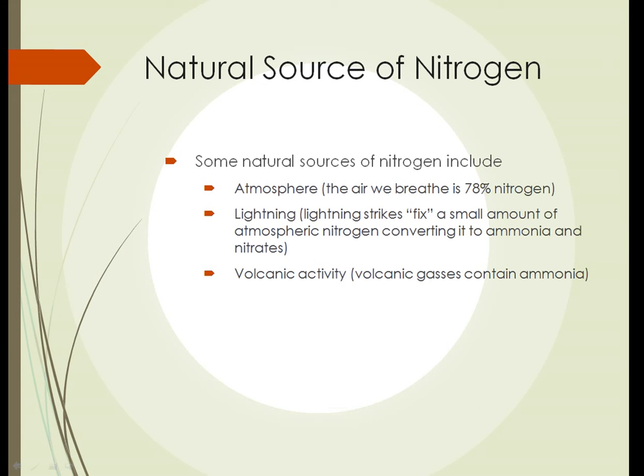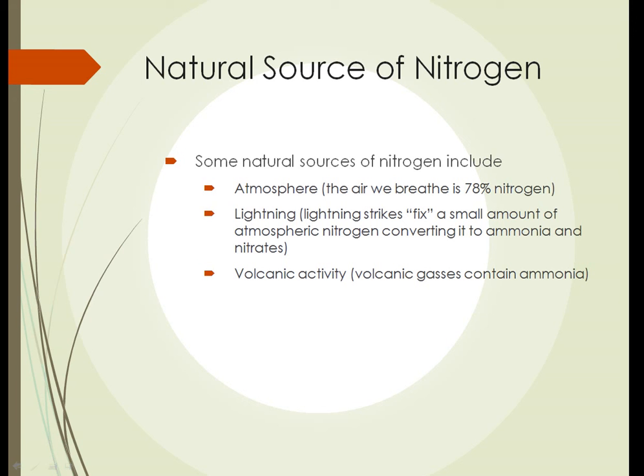There are natural sources of nitrogen in the soil in areas where there are no legumes. How do plants grow there? Well, they make use of natural sources. In the atmosphere, the air we breathe is 78% nitrogen, but most of that nitrogen is not available for plants. However, when lightning strikes, the temperature and electrical conductivity of the lightning converts a small amount of the nitrogen in the atmosphere to ammonia and to nitrates.